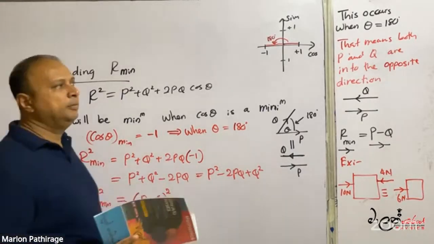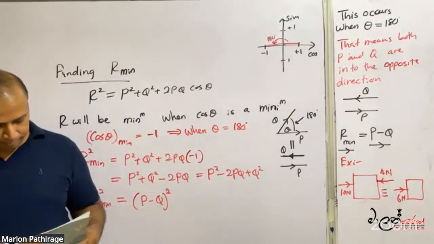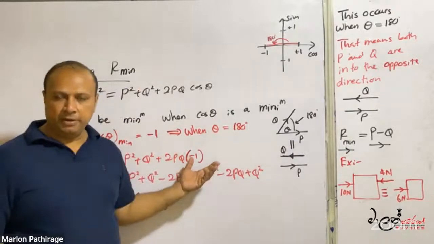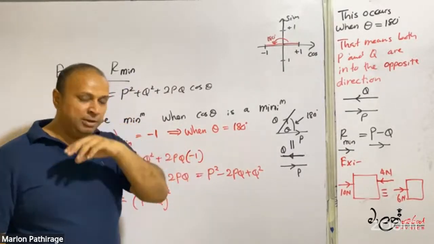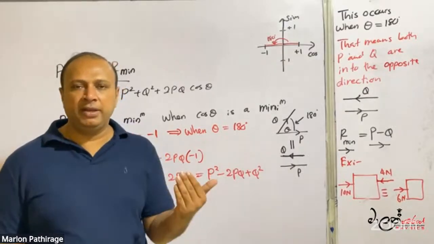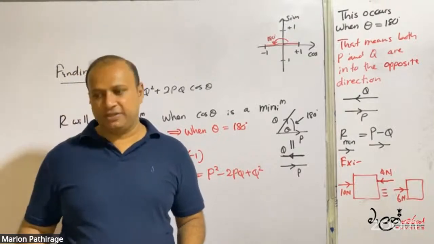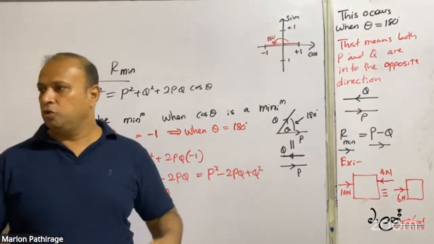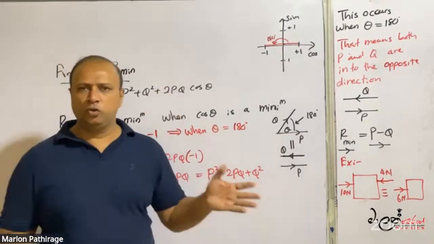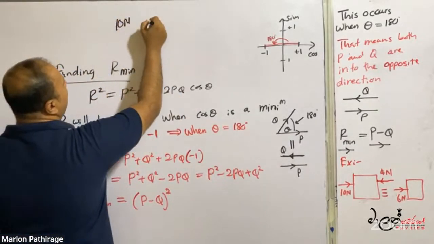Okay, take your notes. This theory part is a very famous theory part in past papers. Sometimes you may be given several forces. That means you may be given two forces, suppose 10 Newton and 4 Newton.